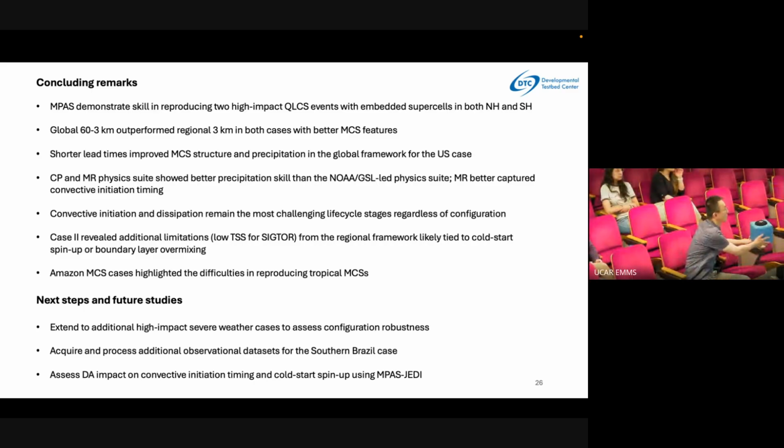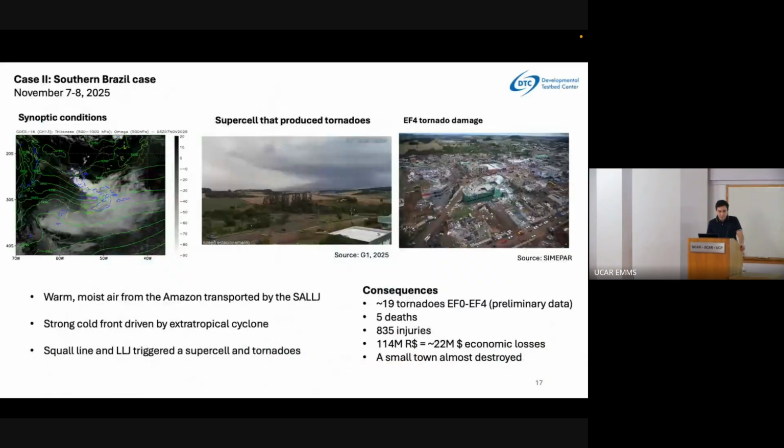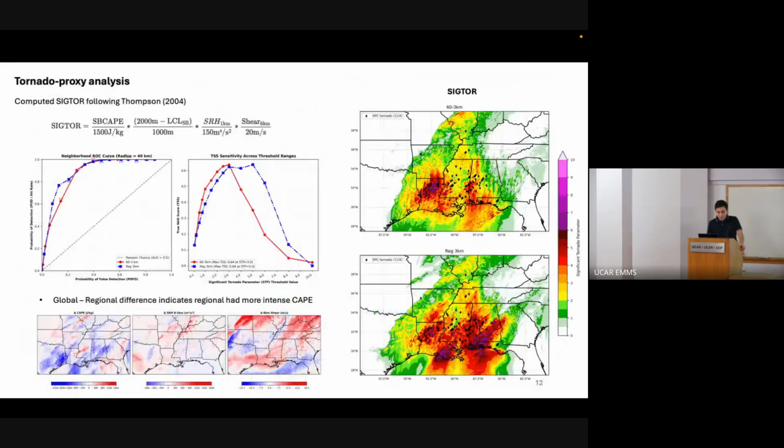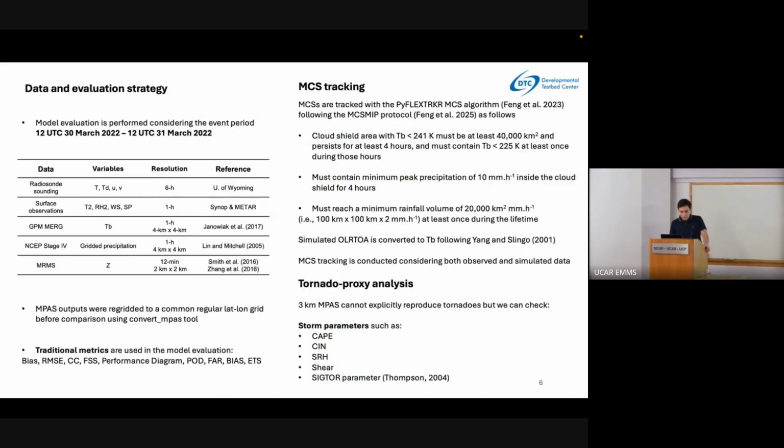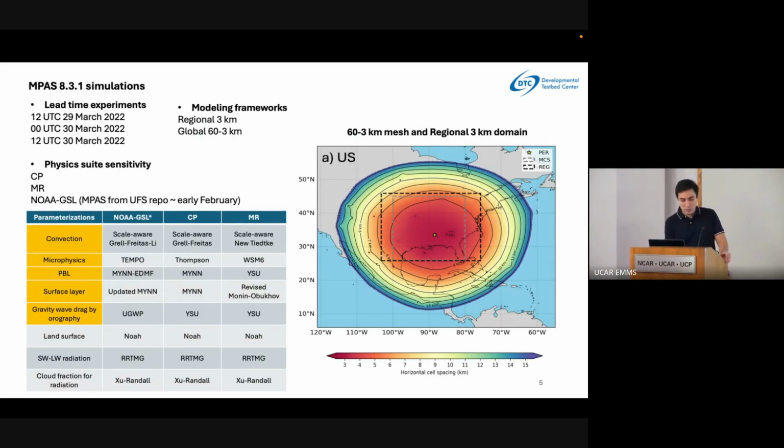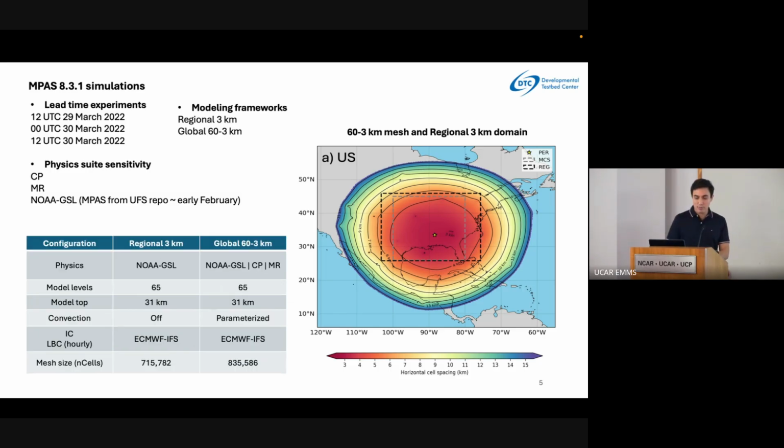Yeah, good question. So let me go back there. The updated Mellor-Yamada-Nakanishi with the eddy diffusivity mass flux has shallow convection built inside. So I would say that even when we turn off convection for the regional case, we have the contribution of shallow convection in this run.